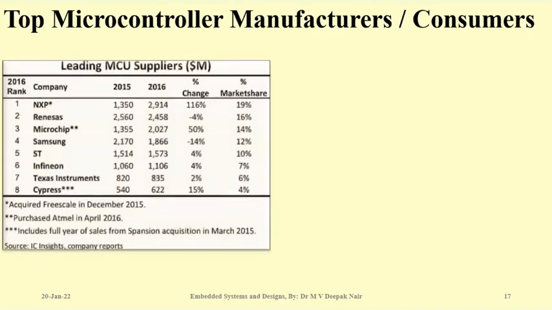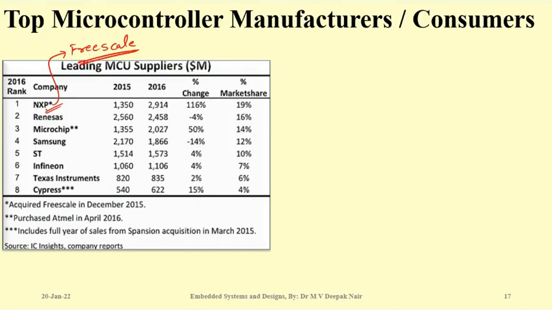So which are the biggest companies which are producing microcontrollers currently? NXP, have you heard of NXP? How many of you have heard of NXP? Before it was called Freescale. You might be knowing Intel, AMD and all these companies, right?